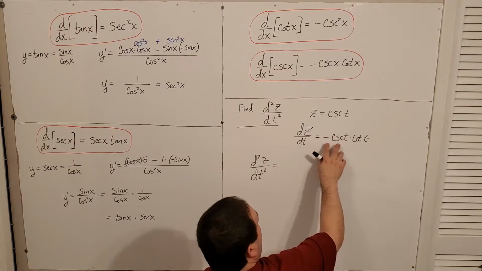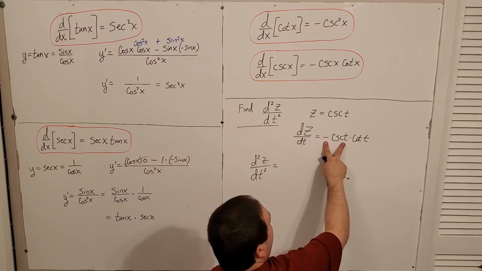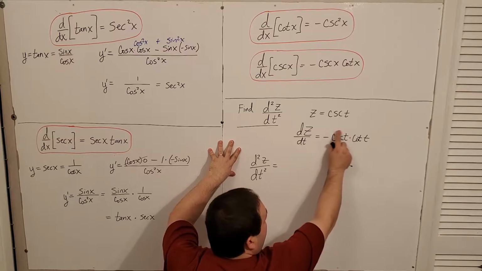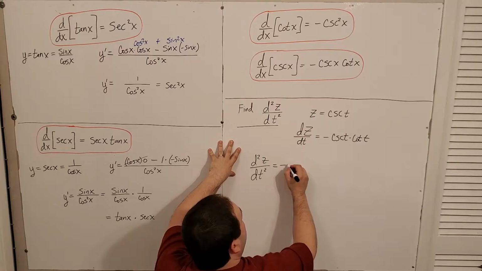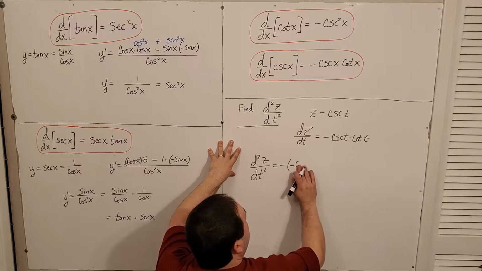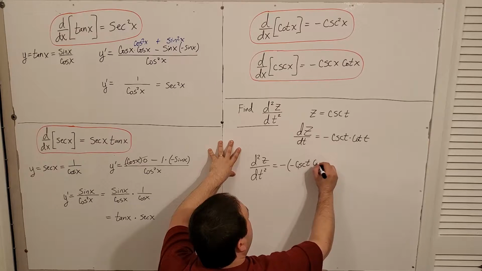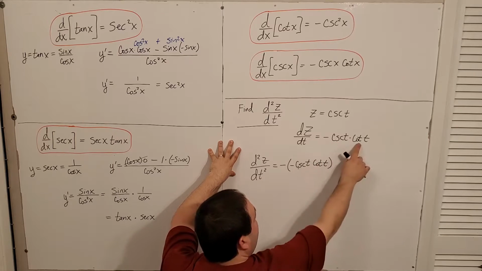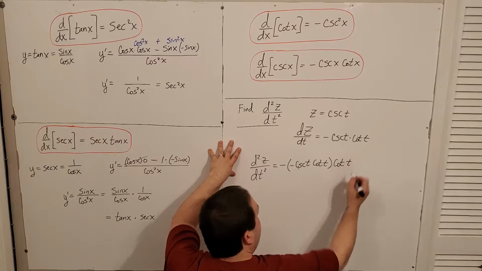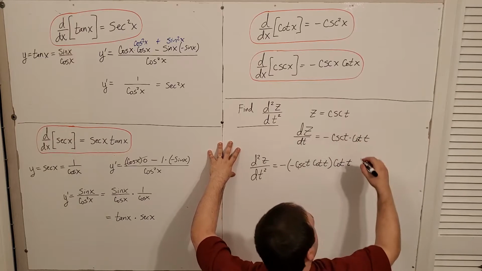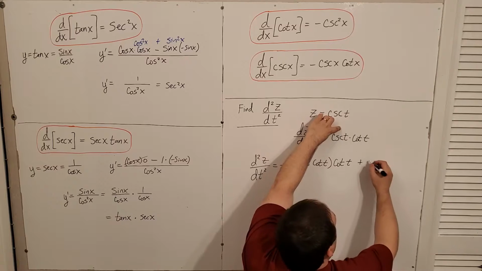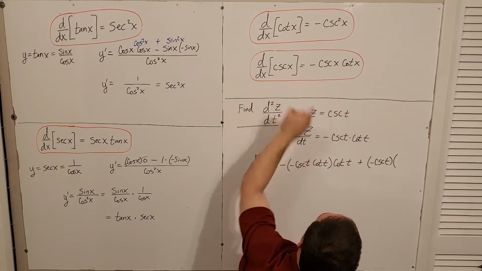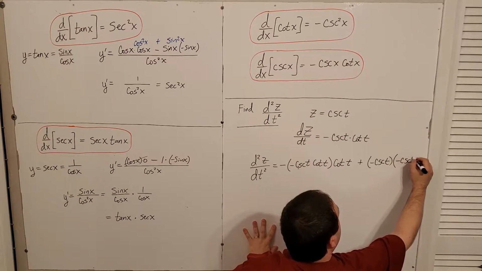And then the negative is just going to be along for the ride. I'll go ahead and stick the negative with the cosecant. Okay? So, product rule. Derivative of the cosecant is negative cosecant of t times cotangent of t. That's the first derivative. The first piece is derivative, and then leave the cotangent alone, right? All right. Plus, leave this guy alone. That's negative cosecant of t times derivative of cotangent is negative cosecant squared.